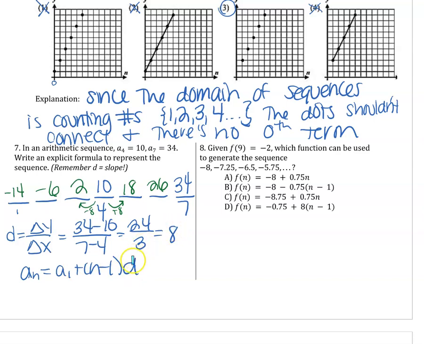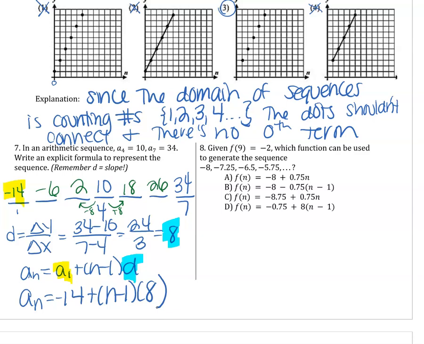All right, so remember you need the common difference, which we found was 8. And you're going to need the first term, which we just found was -14. So now we just substitute in what we need. And there you go. That's your explicit function, or explicit formula.